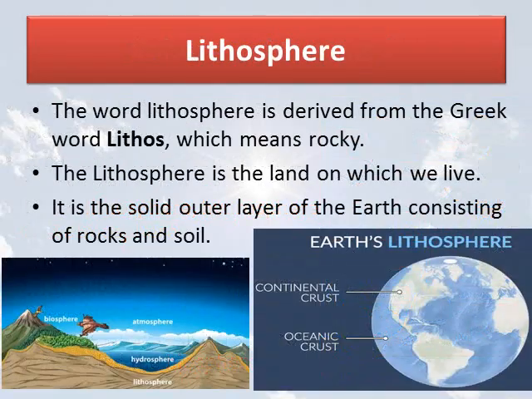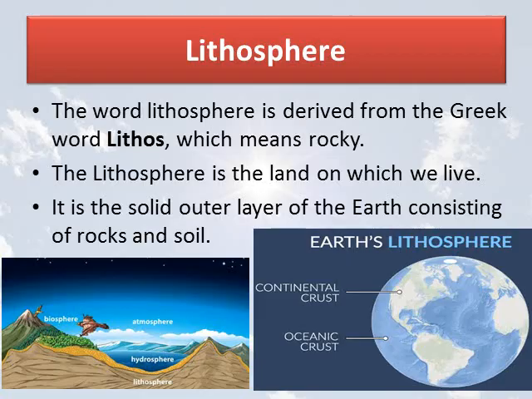The word lithosphere is derived from the Greek word lithos, which means rocky. You can find lithosphere is the land on which we live. The place where we live is lithosphere. It is a solid outer layer of the earth consisting of rocks and soil.